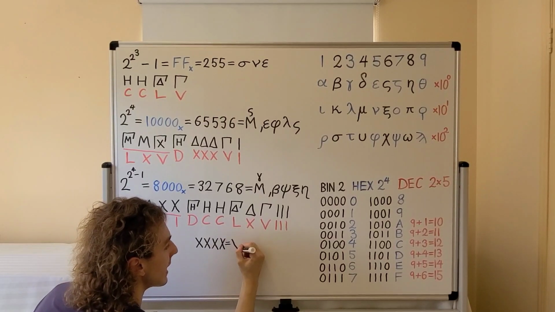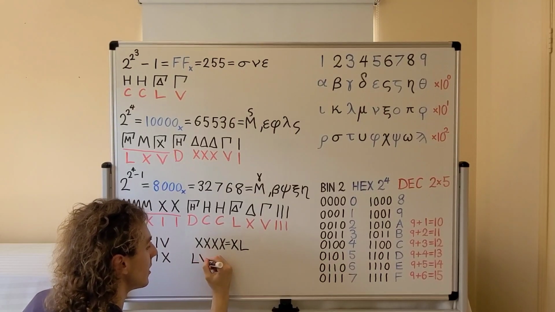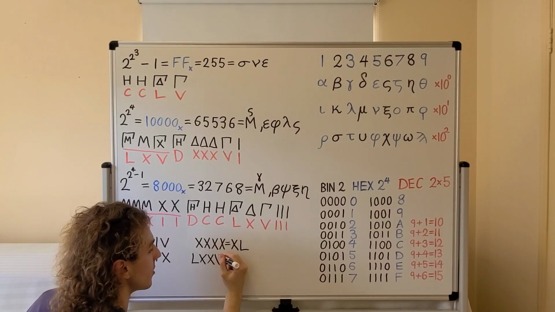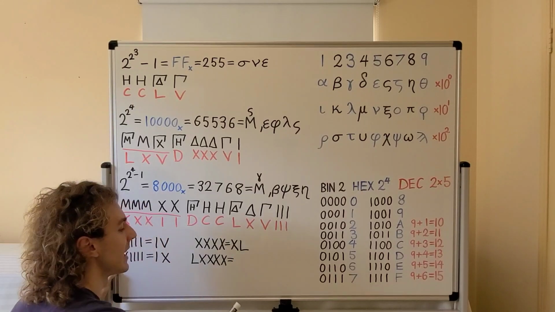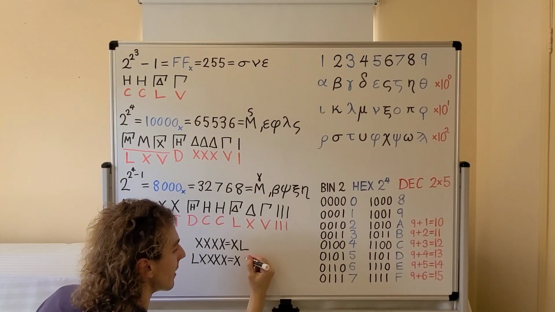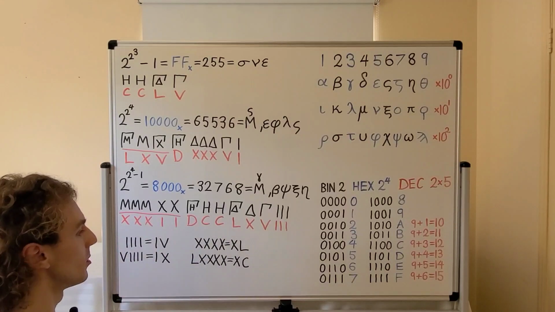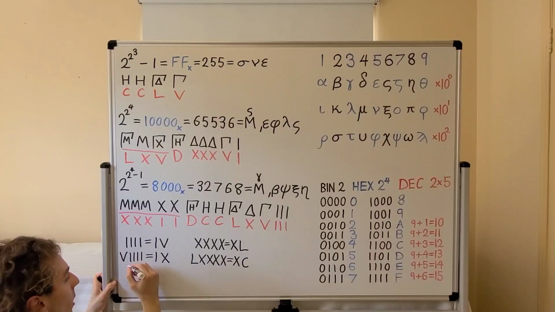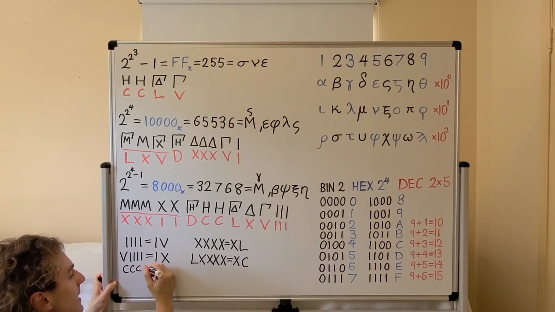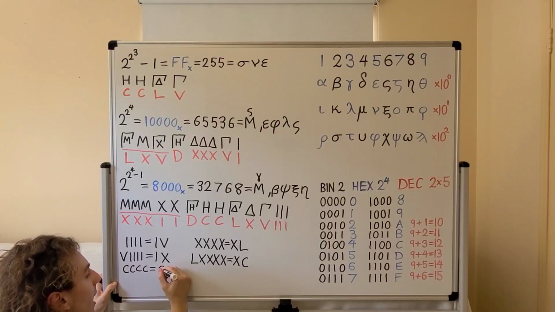You can write it as 10 less than 50. And if you have 90, you can write it as 50 plus 40, or you could also write it as 10 less than 100, which is C. And there's also another example. We can write 400 as C, C, C, C, and alternatively, we can write that as 100 less than 500, which is D.